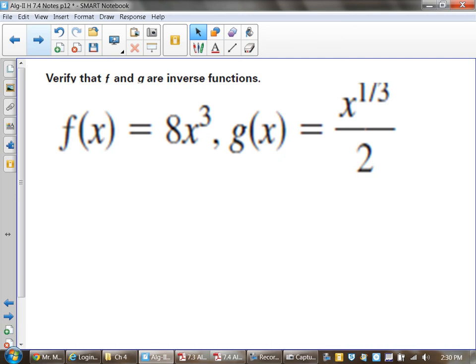Here again, they're saying verify that f and g are inverse functions. Which means I start again. I have f of x is 8x to the third. G of x is x to the 1/3 all over 2.